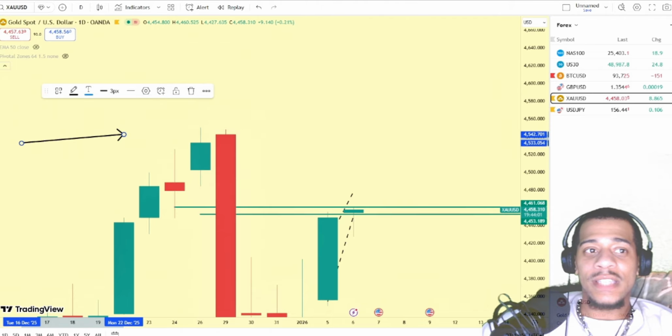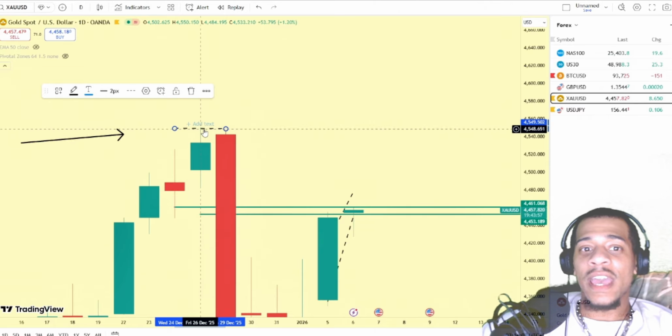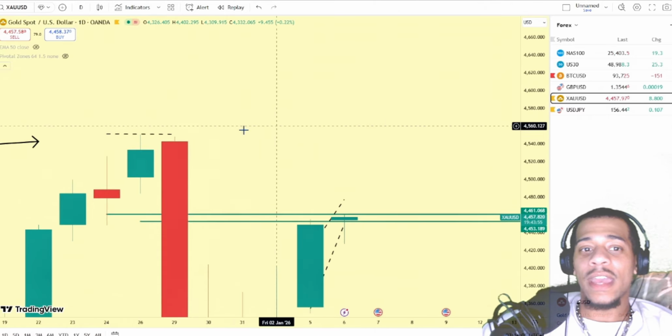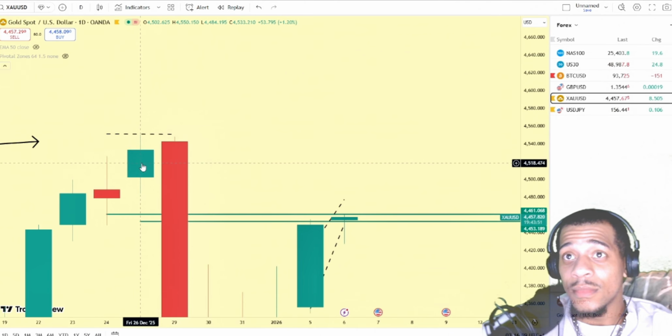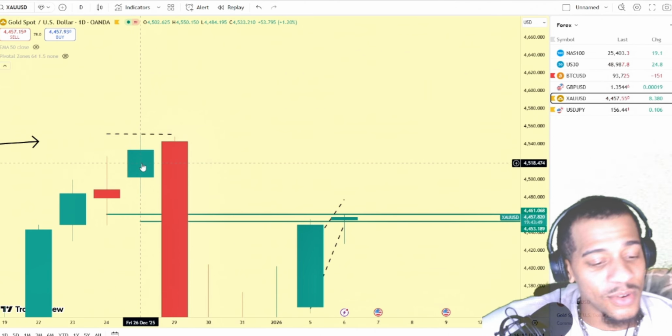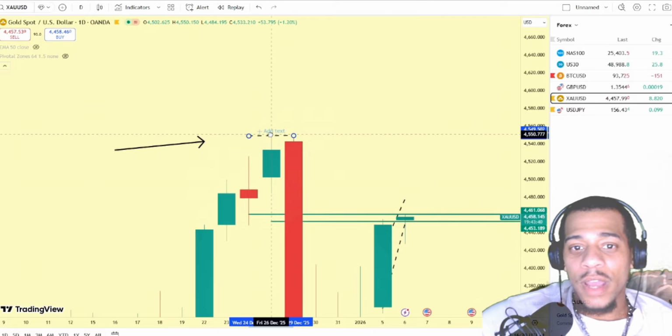So at the very top of the wick, this candle is telling you, hey, during this time, at the top right here, this is the reason why a wick goes that high.